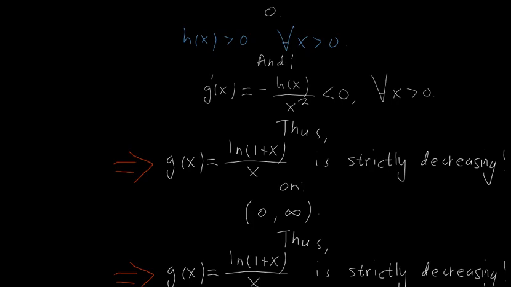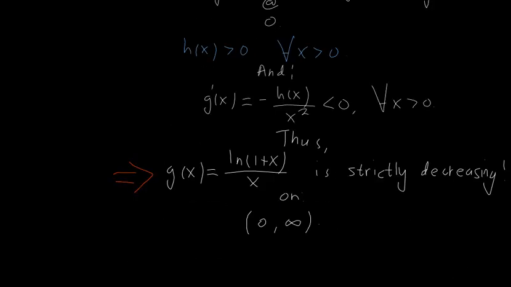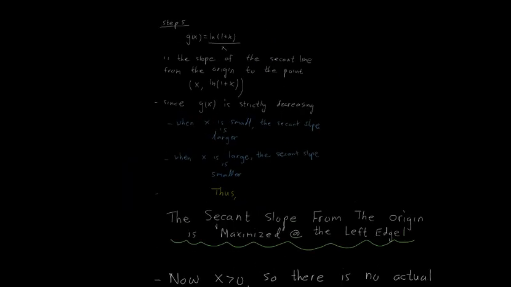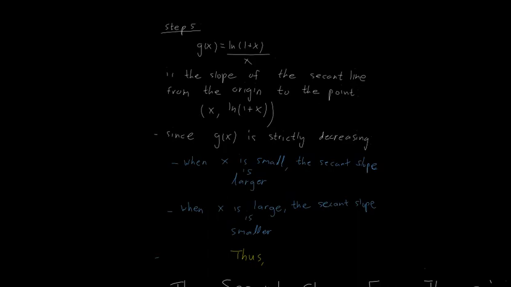So given that information, the next thing to do is to geometrically analyze this for step 5. Sure, we've shown that g of x is strictly decreasing on 0 comma infinity, but at the same time, we want to make sure that the function is the slope of a secant line from the origin to the point x comma ln of 1 plus x.